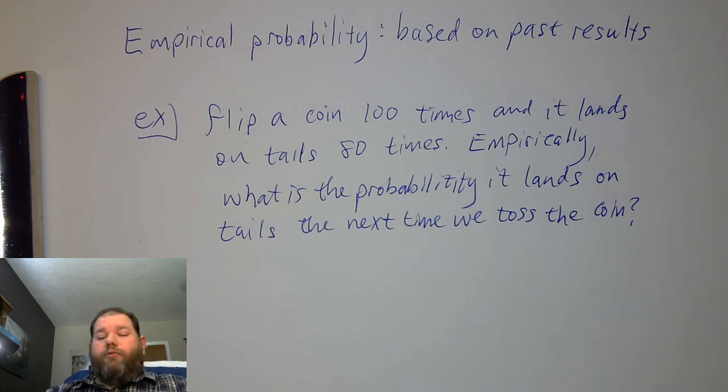Logically, we know there's a 50% chance it lands on heads or tails, or 0.5. But, at the same time, as scientists, if we witness this happen where we flip a coin 100 times and it lands on tails 80 times, it could mean that there is some flaw in the coin. And based on what we've witnessed, what is the observed probability or the empirical probability?